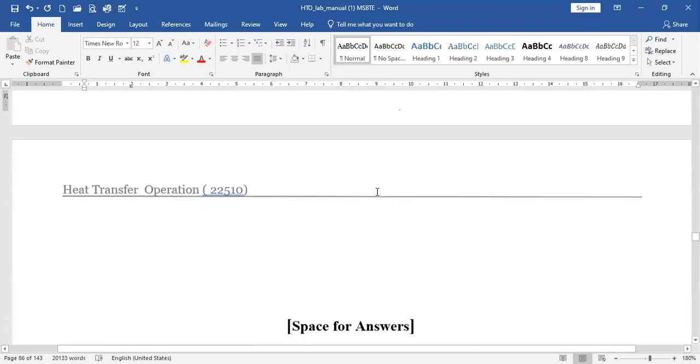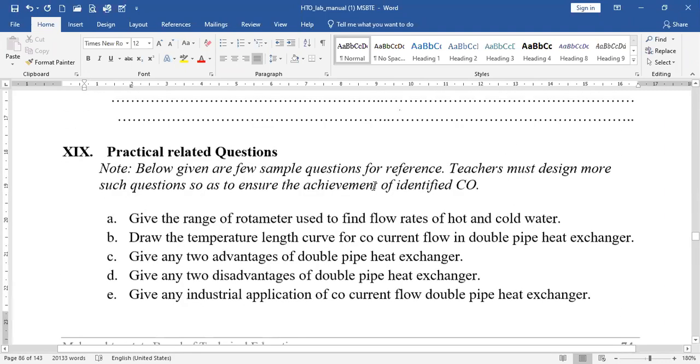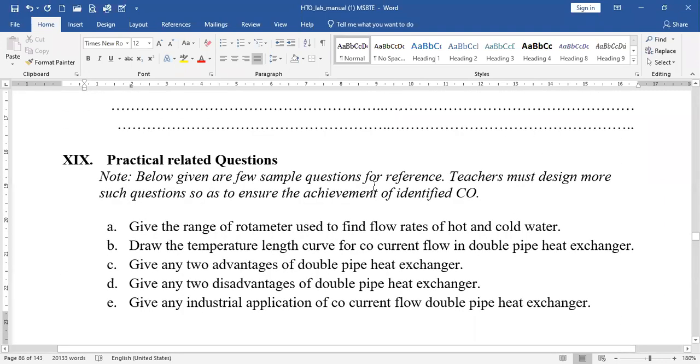So I hope you understand what exactly the experiment is, what the objective of the experiment is, what the procedure is, what you should know before starting an experiment, what formulas are involved in the calculation of this overall heat transfer coefficient, and what parameters can change this overall heat transfer coefficient. Thank you.